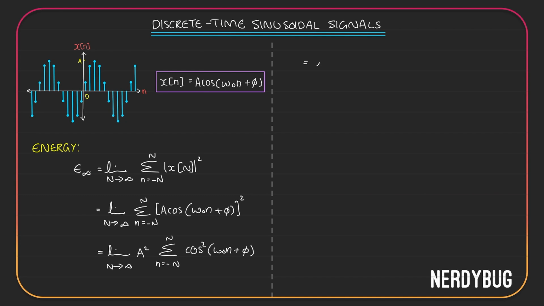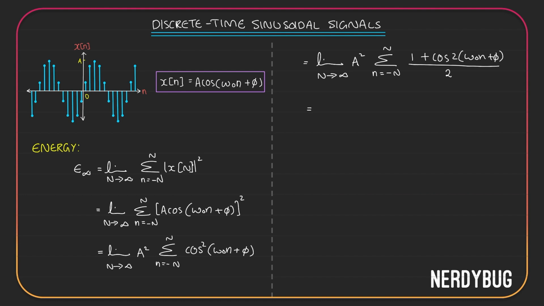So this becomes limit N tends to infinity, A square is there, summation from n equals minus N to N, cos square of omega naught n plus phi. Using the relation that we used earlier, I am going to write 1 plus cos 2 omega naught n plus phi, the whole divided by 2.